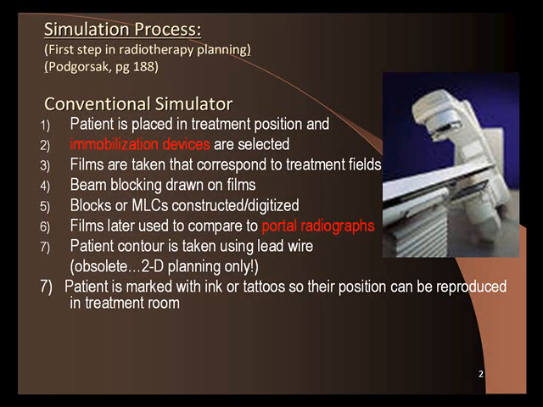Fluoroscopy is kind of online imaging. You push down on the X-ray tube pedal, and there's X-rays coming out. You can see the patient move, so it's online. It's not a radiograph. A radiograph is a snapshot in time. A fluoroscope is dynamic. So the doctor with fluoroscopy sees the patient's anatomy, and they can move the couch around, turn the gantry around, and that's how they determine what angles they're going to treat the patient with.